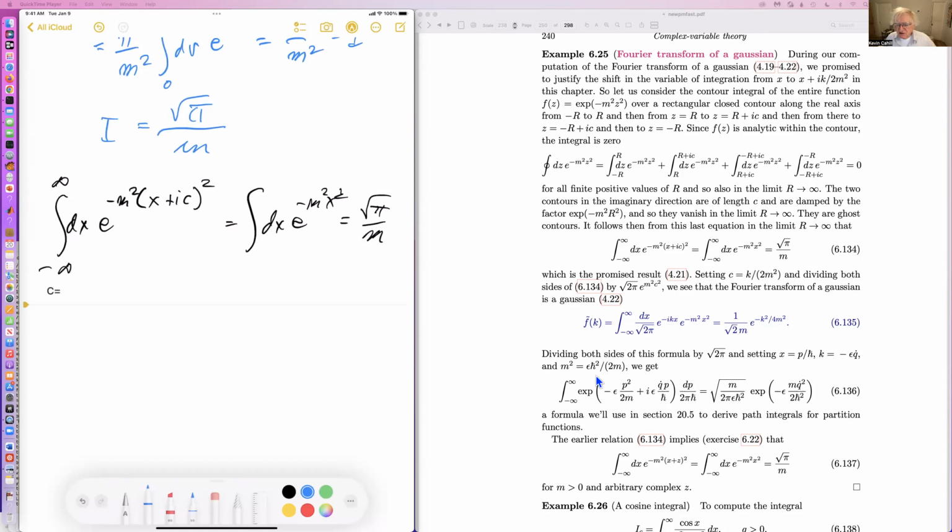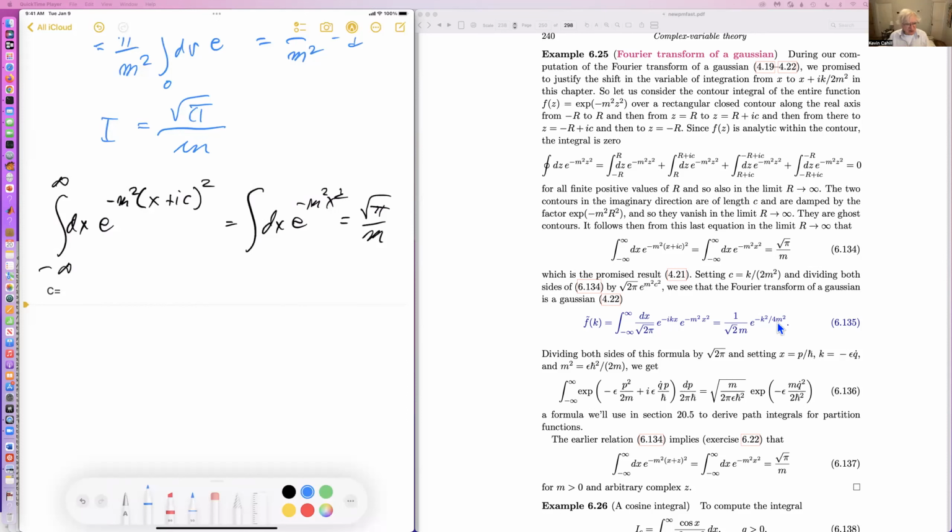Okay, anyway, what we derive from this is that the Fourier transform of a Gaussian is another Gaussian. If m squared is small, then e to the minus m squared x squared is a very broad Gaussian like that. But if m is small, its Fourier transform is e to the minus k squared over m squared, which is a very sharply peaked Gaussian. Similarly, if this m were huge, then this would be sharply peaked in x and very smooth in k.